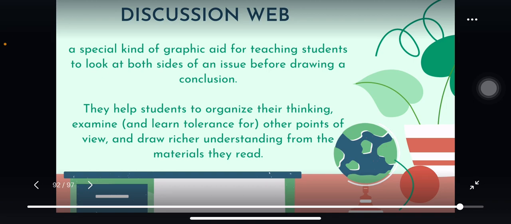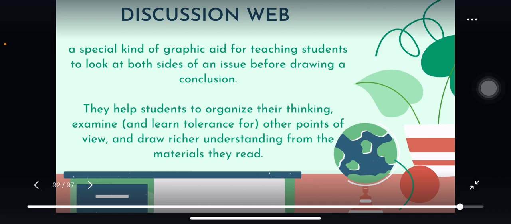You should provide a conclusion regarding both sides. It also helps students organize their thinking, examine and learn tolerance for other points of view, and grow a richer understanding from materials they read.